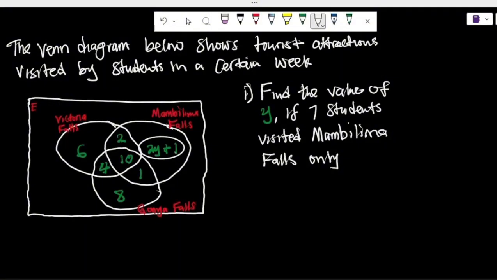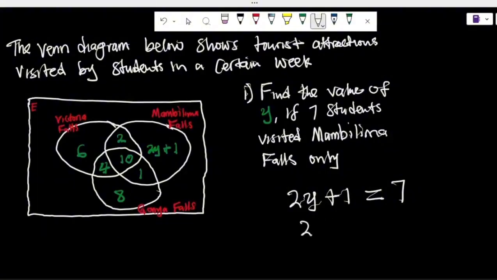So the total number of them is 7, because it says 7 students visited Mambillima Falls only. So that is quite easy to find the value of y, because these students, 2y plus 1, are actually 7 in total. So you can solve for y here.